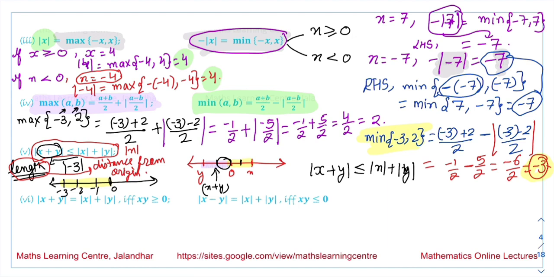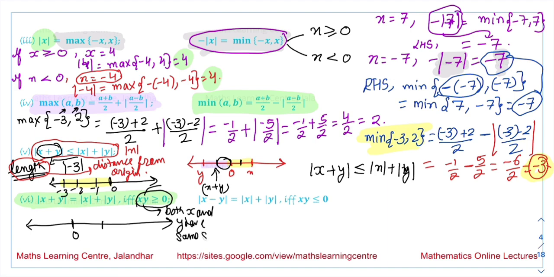Now in the next case, this equality holds if x into y is greater than or equal to 0. We can understand this situation from here. Suppose this is the origin, and we are taking x into y greater than or equal to 0, which means both x and y have the same sign.